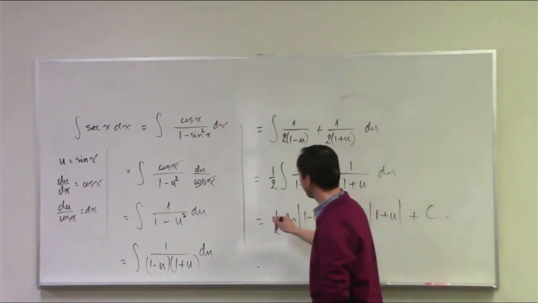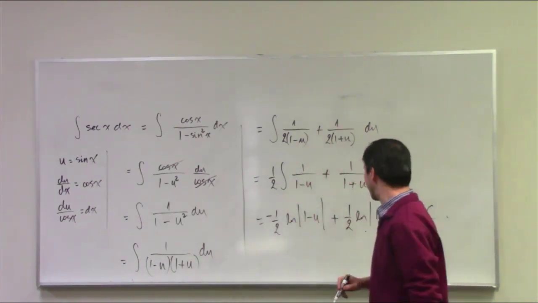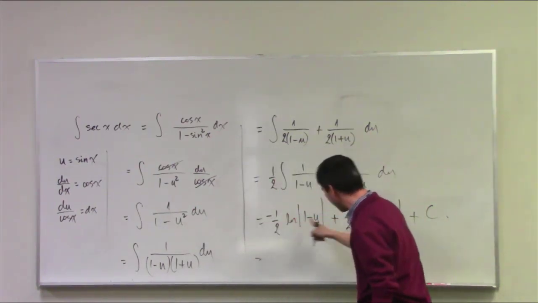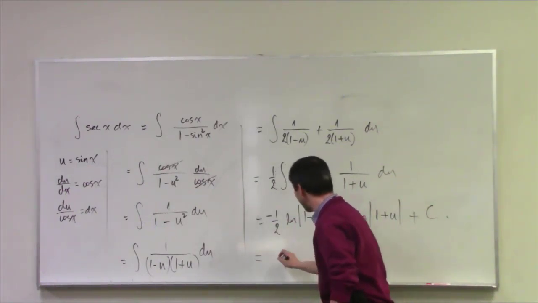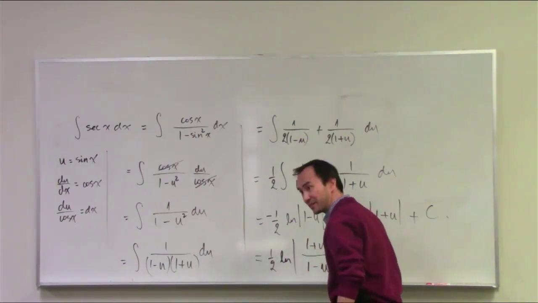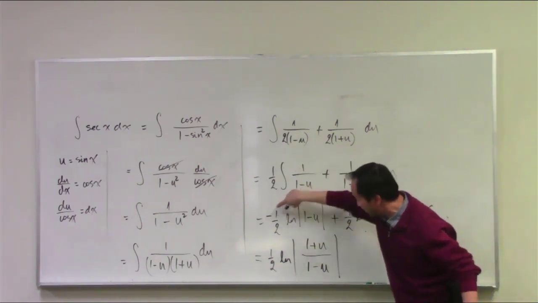So that subtraction sign makes it no longer an addition. Factoring out 1/2, that becomes a logarithm of 1 plus u over 1 minus u. It's really a subtraction: the logarithm of 1 plus u subtracts the logarithm of 1 minus u.